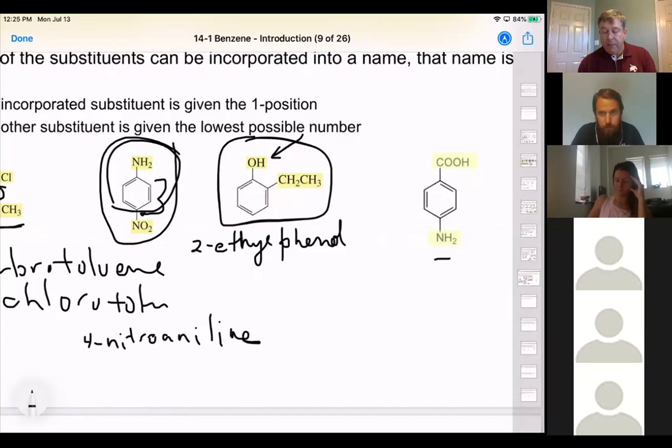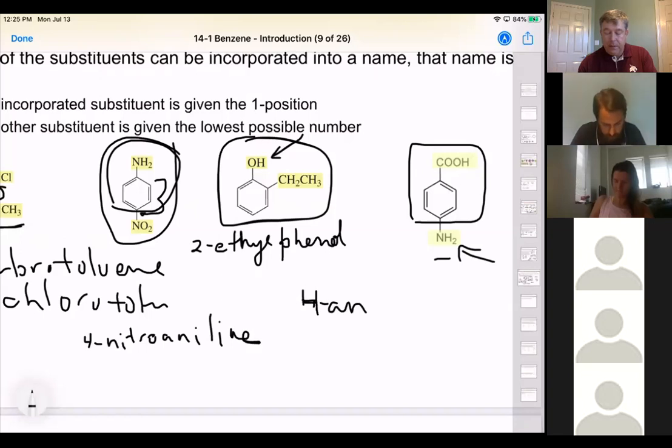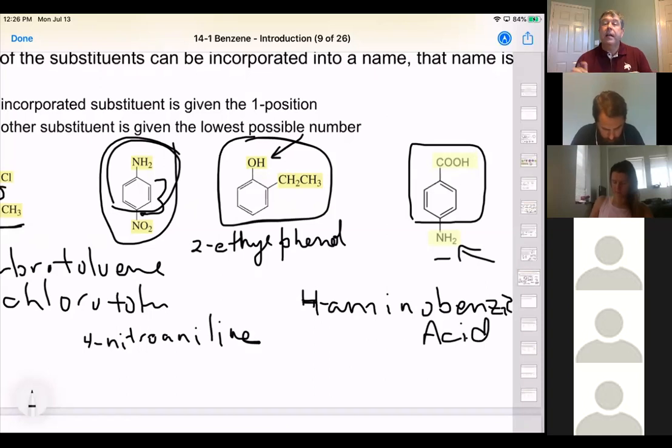So because of that, we're going to have to name it for the benzoic acid here, and then locate where that amine is. So this is going to be 4-aminobenzoic acid. Okay. Now, if we were to name this in the ortho-meta-para structure, we would name this para-aminobenzoic acid. Okay.